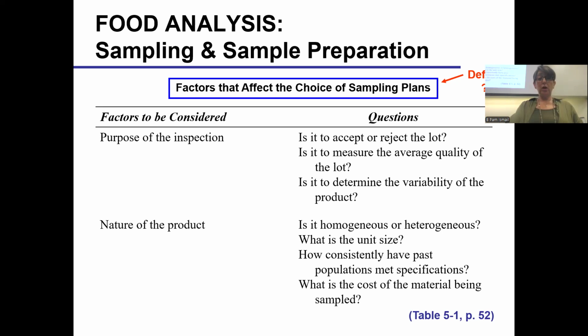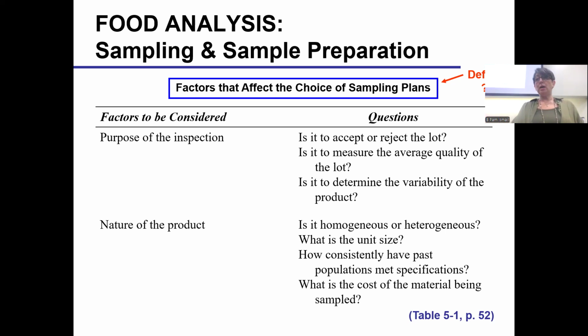The nature of the product: is it homogeneous? Am I looking at milk, for example, that has been homogenized? I don't need to do anything, it's very easy. Or am I looking at a product that is not homogeneous in nature? So it has multiple layers, it's not consistent. Sampling would be impacted by such a heterogeneous product.